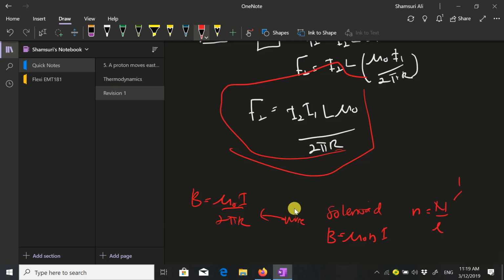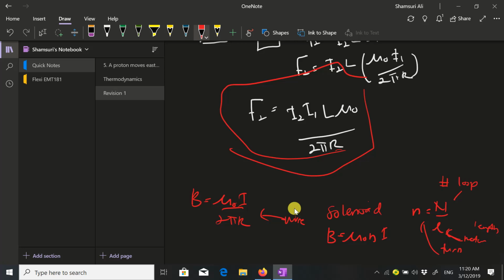N is the number of loops, the number of turns, and L is the length in meters, the length of the turns.